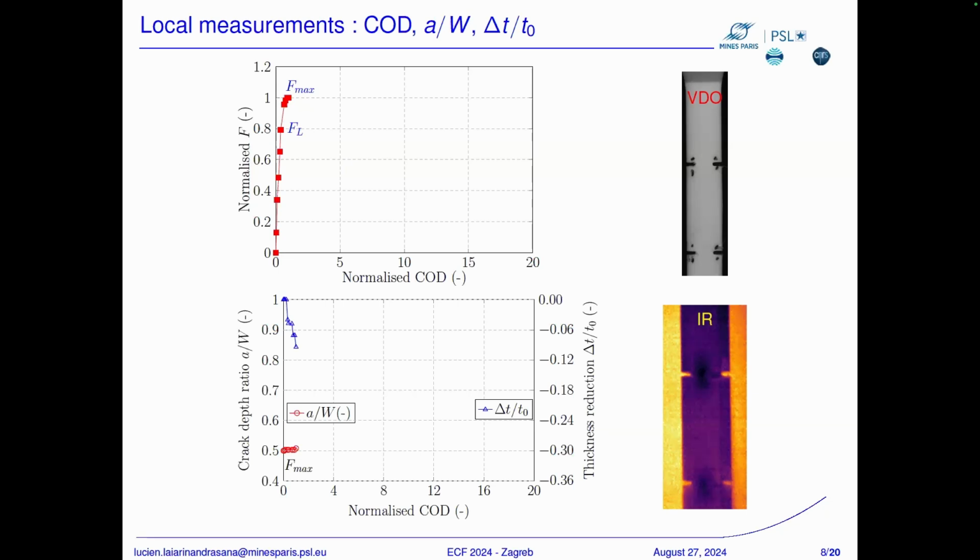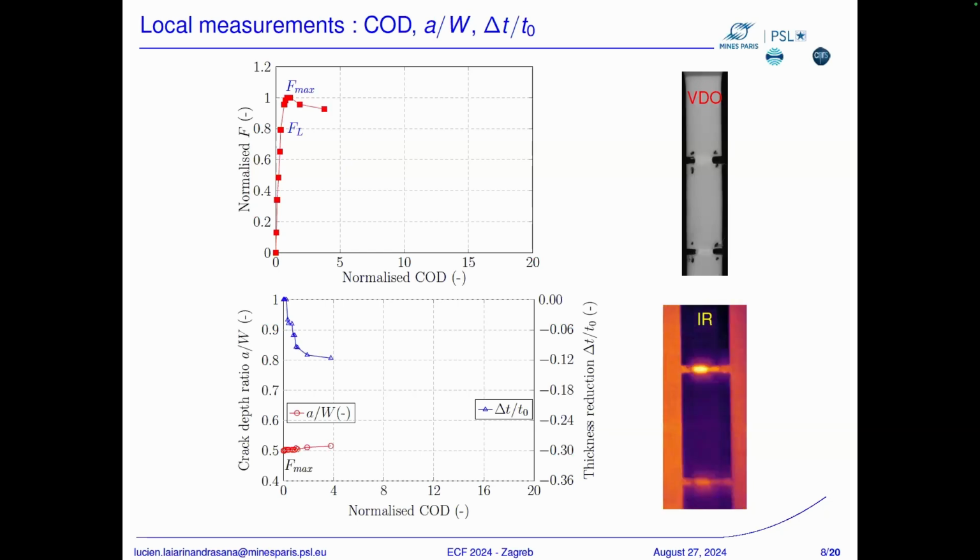The crack still is stationary. And you can see also at that maximum load, the temperature is, I would say, homogeneous. It's isothermal. So up to the maximum load, you have this isothermal situation of the crack, the remaining ligament.